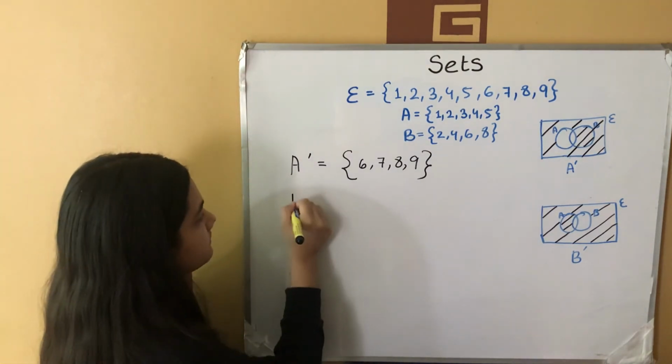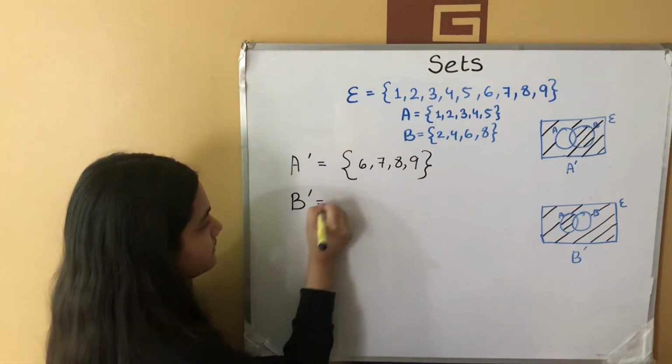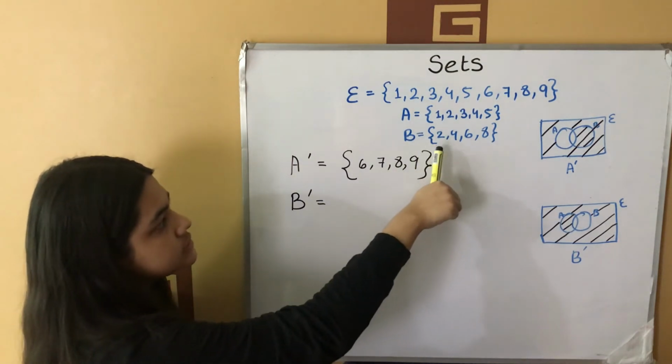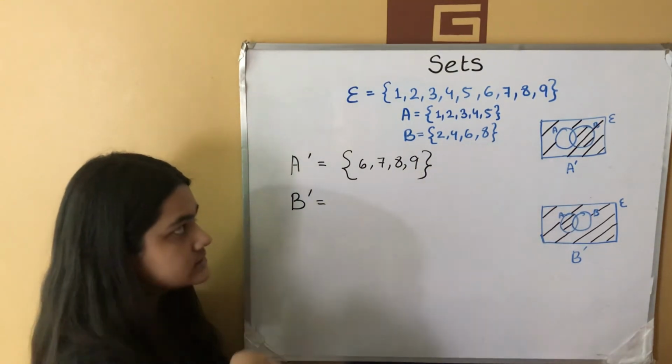Another example, complement of set B. Here set B contains the elements 2, 4, 6 and 8.